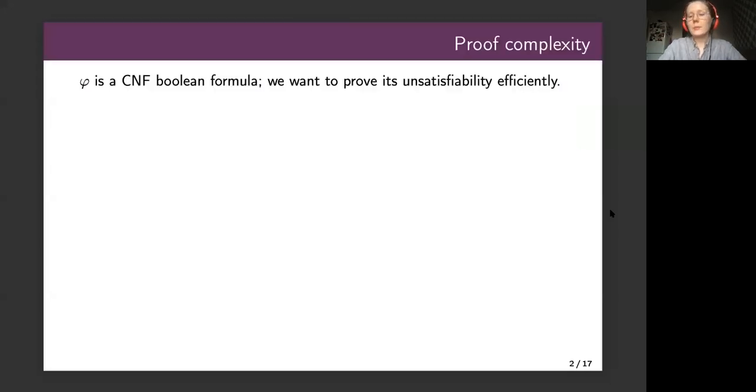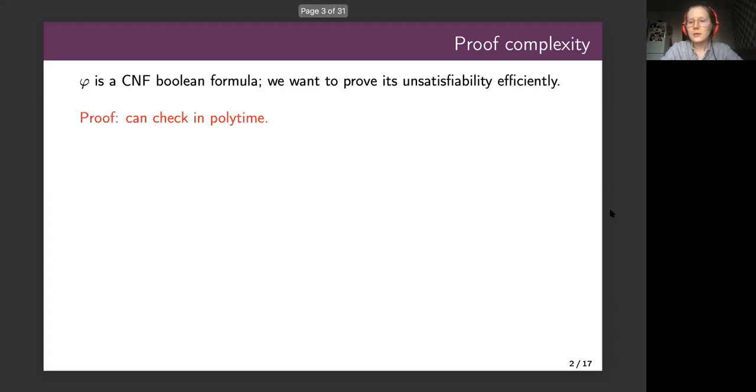So, my talk is about proof complexity, so let me first remind you a few things about it, what proof complexity is and what it studies. Suppose we have a Boolean formula in CNF, a formula phi, and we would like to know if there is any efficient way to prove its unsatisfiability.